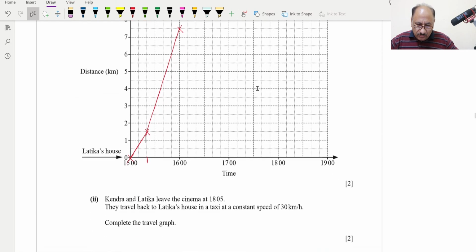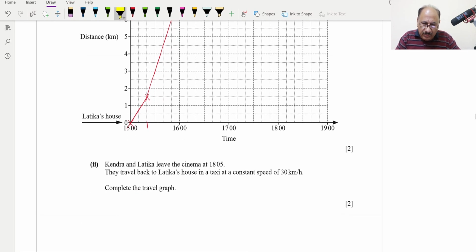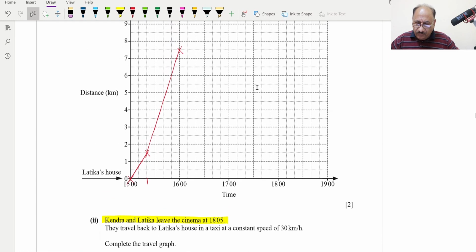Now after this, Kendra and Latika leave the cinema at 18:05. Up to 18:05 they remained in the cinema. 18:05 is in the middle of this, right? So they stayed there, so this will be a horizontal line up to here, and from there they traveled back to Latika's house in a taxi at a constant speed of 30 kilometers per hour.